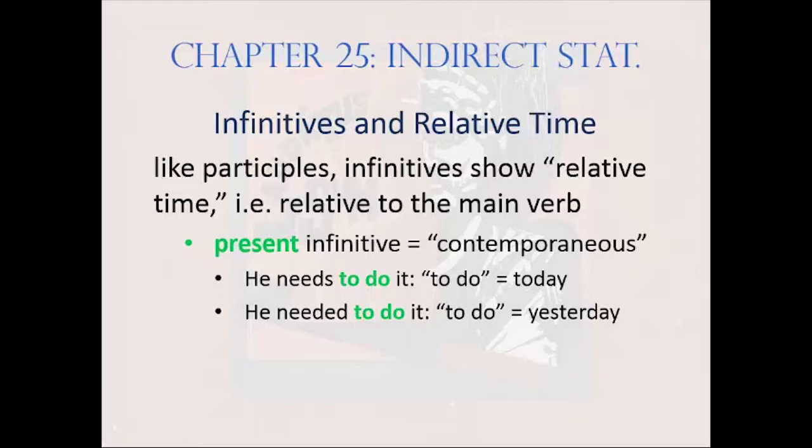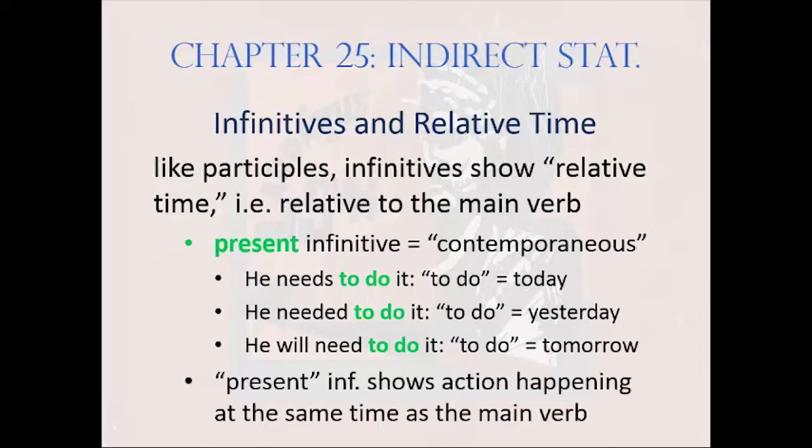Yesterday, he needed to do it yesterday. Likewise, he will need to do it is all in the future. Tomorrow, he will need to do it tomorrow. That means these so-called present tense infinitives, like to do, are not all necessarily taking place in the present. They're following the tense of the main verb.